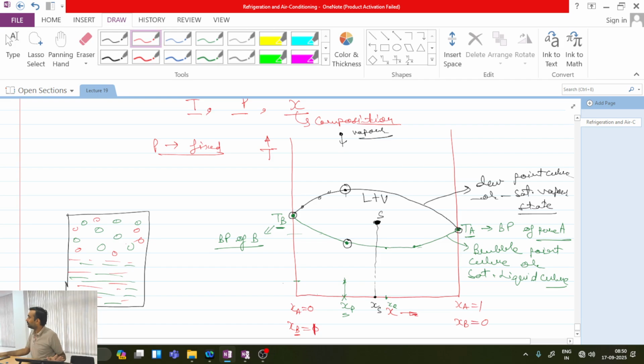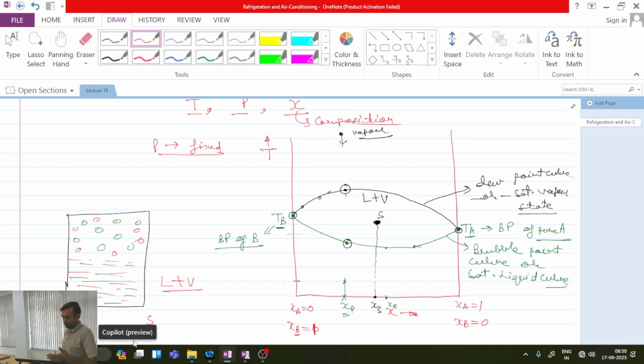Is anyone having any doubt about this? If I refer to point S, what is point S? Point S is in the liquid plus vapor state. So it means I will be having a mixture of liquid and vapor. Liquid will be settled at the bottom, vapor will be at the top.